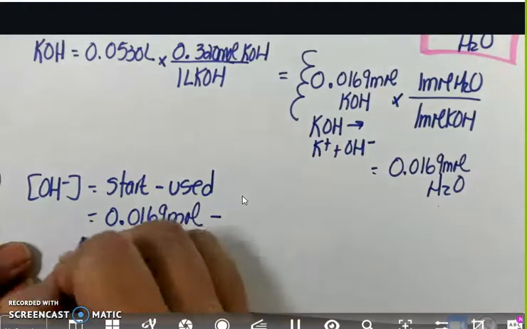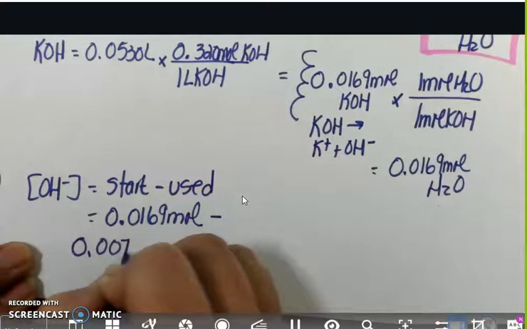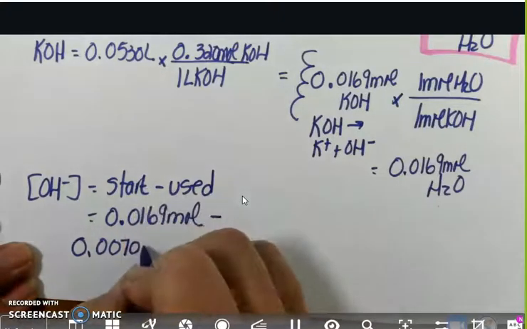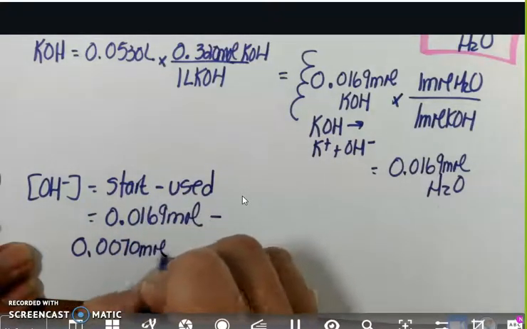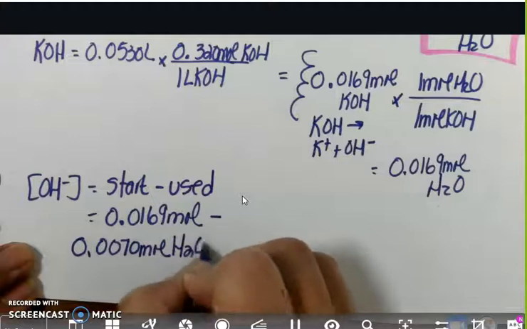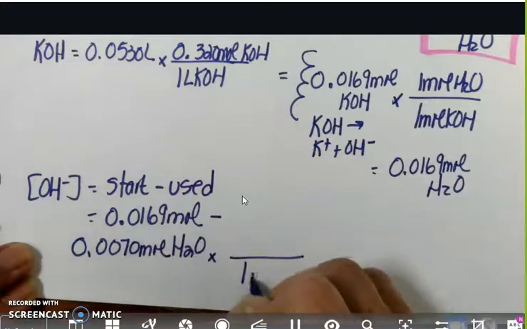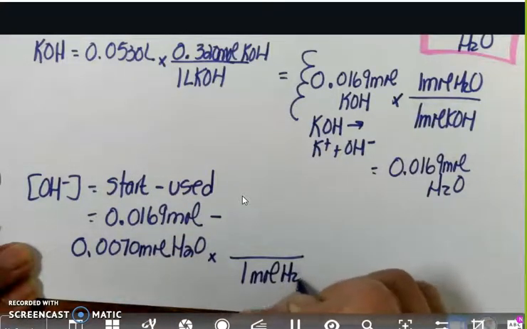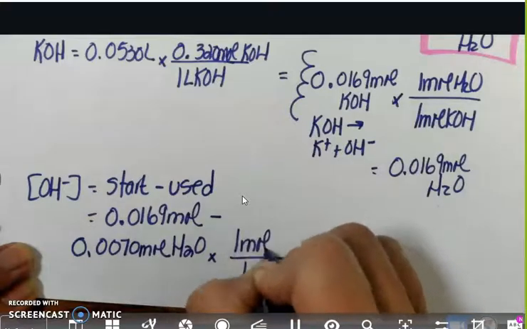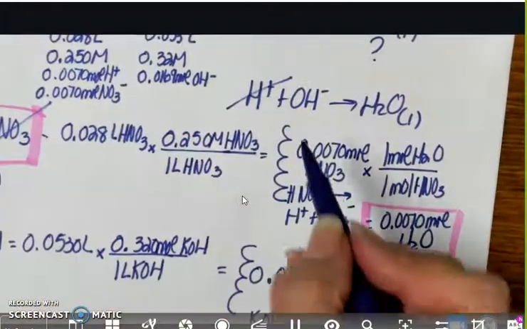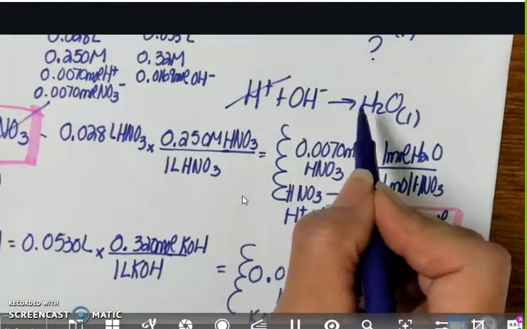I made 0.0070 mole water. So 1 mole of water gives 1 mole OH minus. That's here. 1 to 1.